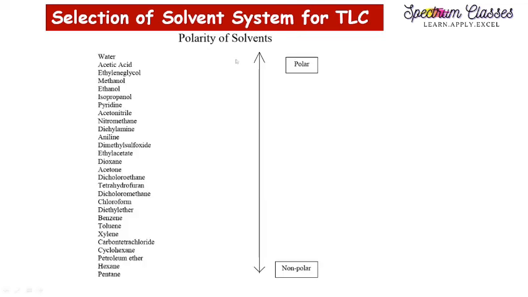Here I have collected this information regarding the polarity of solvents from the net. In this series, water is suggested as the most polar and pentane as the non-polar solvent, and the rest of the solvents are arranged in their polarity order. Combinations like 9 is to 1 and 9.5 is to 0.5 have to be decided based on knowledge and according to the reference solvents reported in the literature.